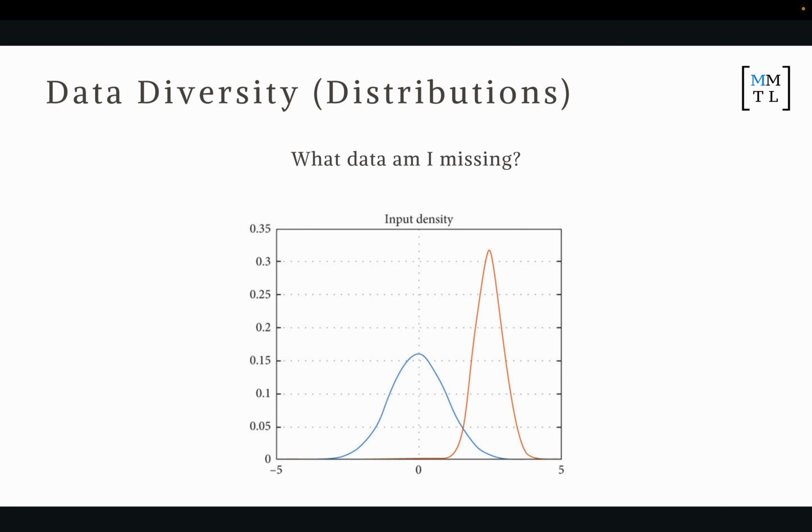What I might be missing could be what rural distributions look like for a certain disease, or maybe Sydney categorizes diseases differently to how we categorize diseases here. So that's what you need to be thinking about, which is, can we get data from other sources that might represent a slightly different distribution, okay?